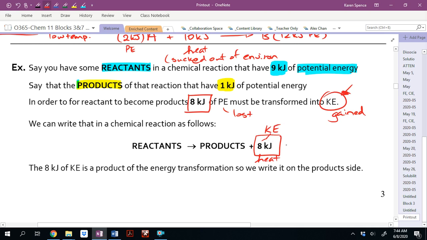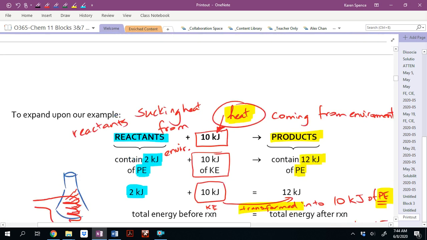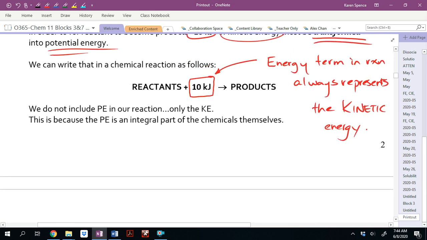And the heat is exiting the system. It came out of the reaction. Remember, up in our endothermic reaction, our heat entered the reaction. It went in with the reactants.